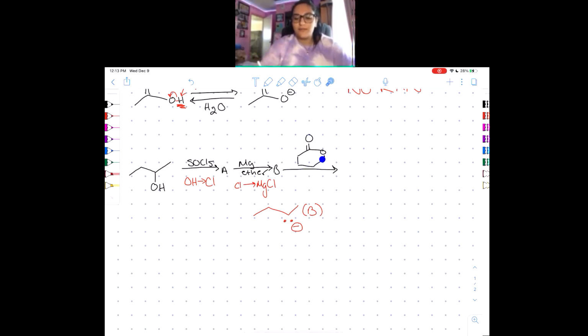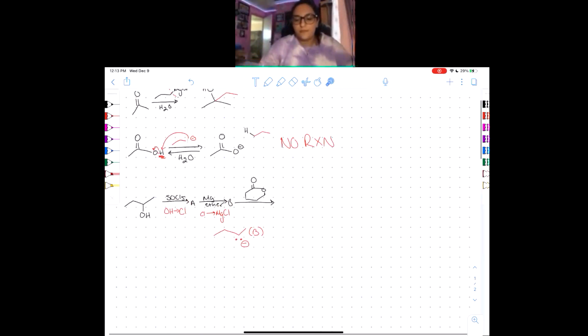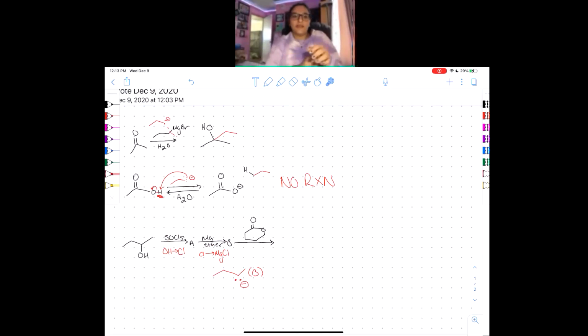This carbonyl has one leaving group. So how many times are we going to add the Grignard reagent if we have one leaving group present? I'll zoom out so you guys can see it. If we had zero leaving groups present, we did it one time.